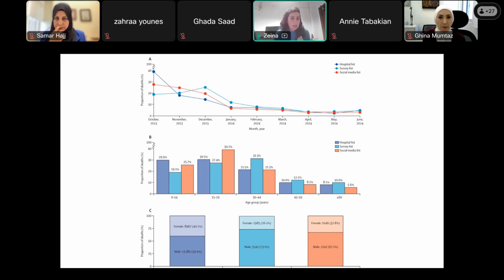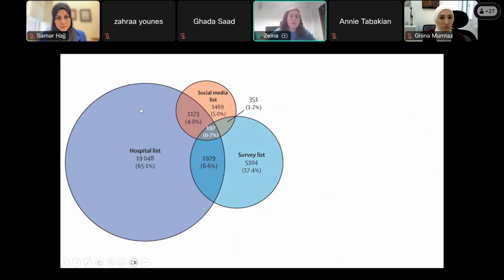So you adjust in the model for age and sex based on the different lists. What I mentioned is that we looked at the overlap, and actually the majority, more than 50% of the social media list, was included in the hospital or the survey list.